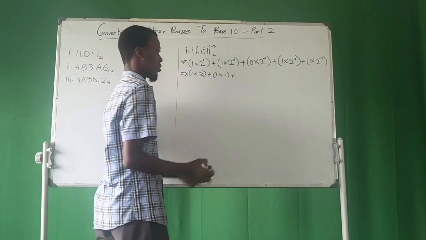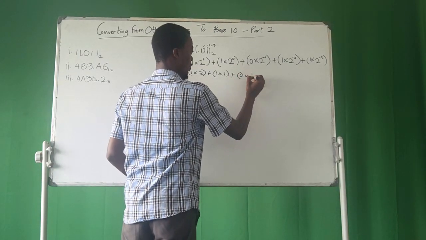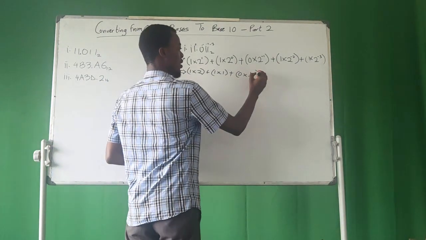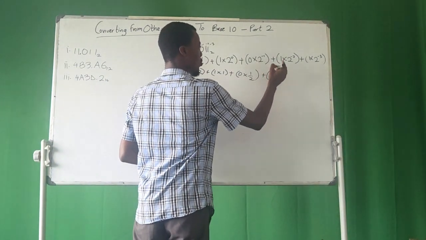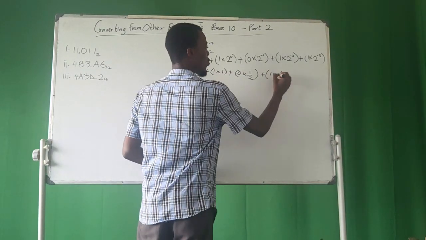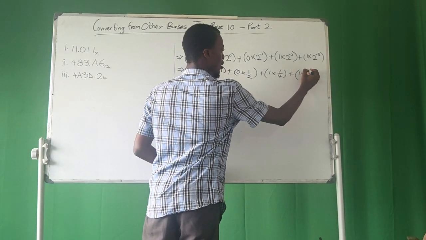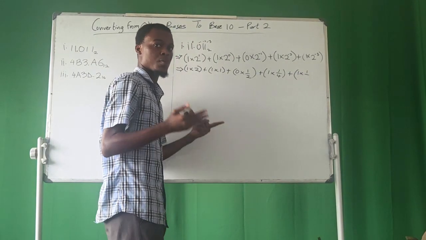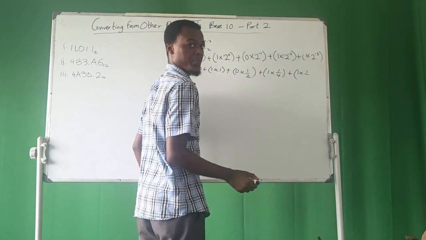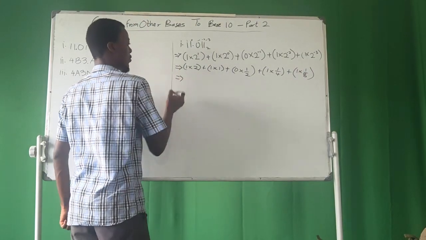And here we have 0 times 2 exponent -1, so 0 times a half. You know 2 exponent -1 is a half. The same way, 1 times 2 exponent -2 is 1 over 2 exponent 2, which is 1 over 4. Plus 1 times 1 over 8, which is the same as 1 over 2 exponent 3. That's how the negative powers become fractions. So 1 over 8. Now we can break it down.